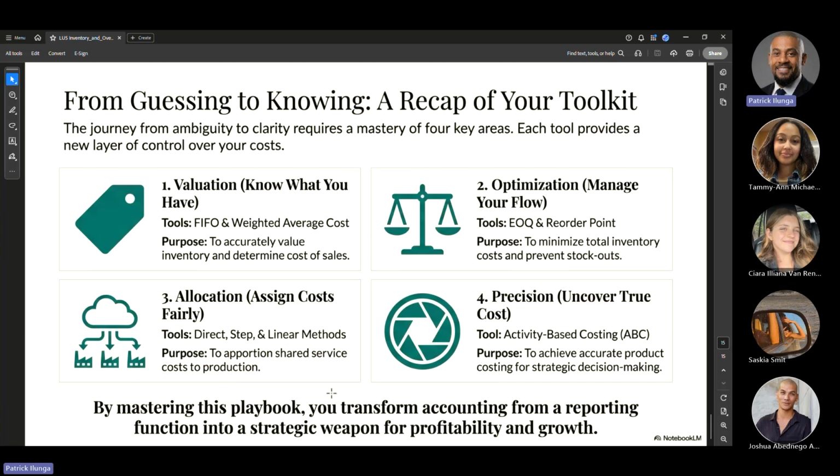Because we want to know how to allocate that indirect cost, we need to assign it correctly to the actual production. And what we did in the end, we talked about precision. We want to make sure we uncover the true cost. That's where we found out that the ABC, the activity-based costing, is more accurate than the traditional, right?